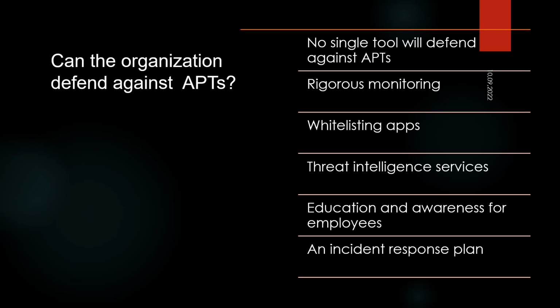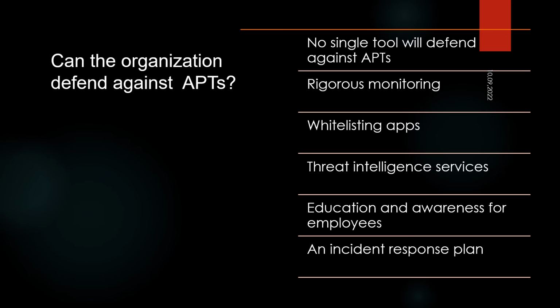Whitelisting apps: while some end users might find it frustrating, whitelisting apps ensures that any forced installations are immediately brought to your attention or send an alert, then you know what's going on.